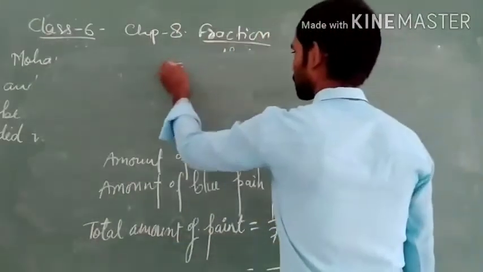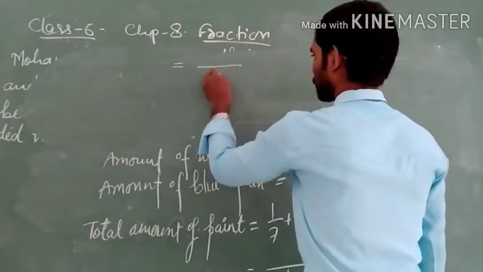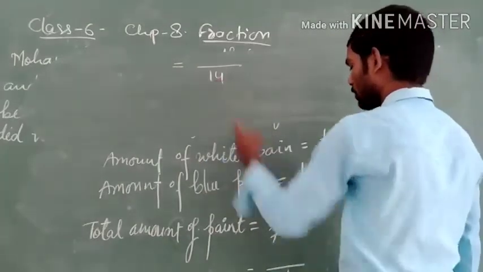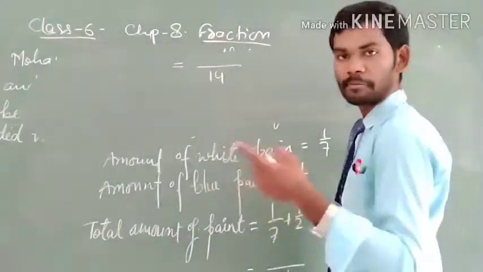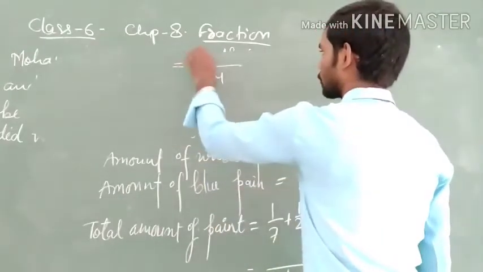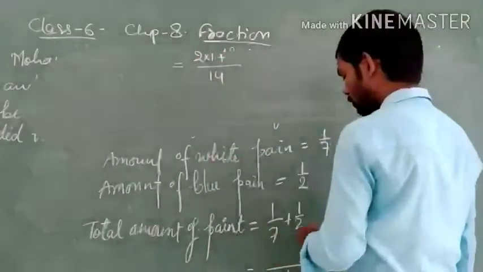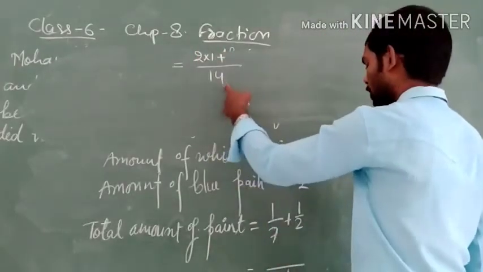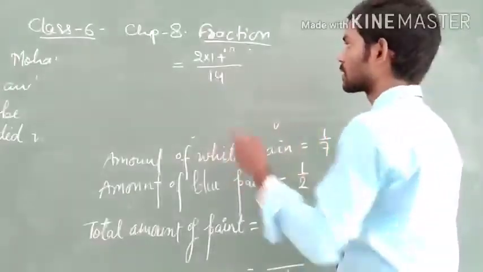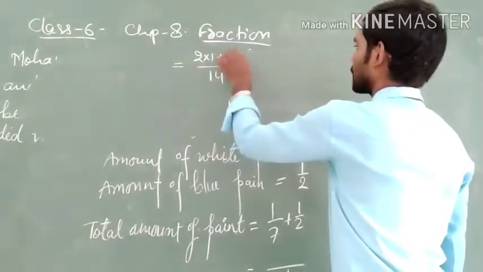Divide 14 by 7, we get 2, so 2 multiplied by 1, and divide 14 by 2, we get 7, so 7 multiplied by 1.